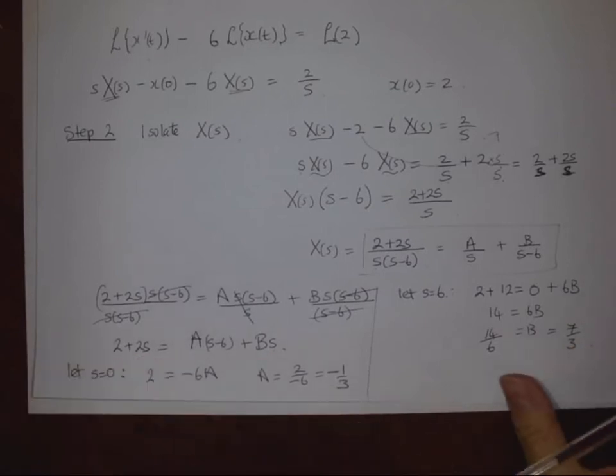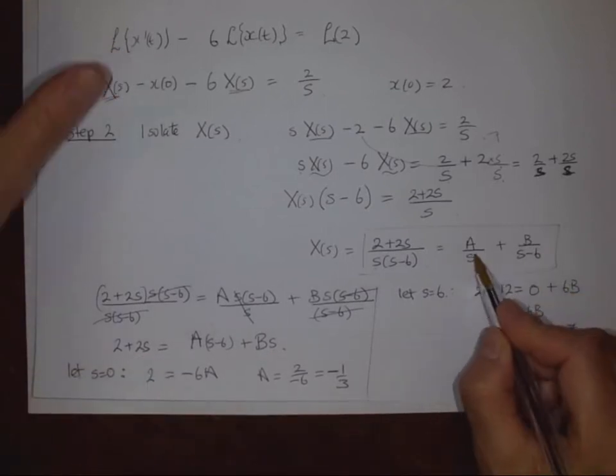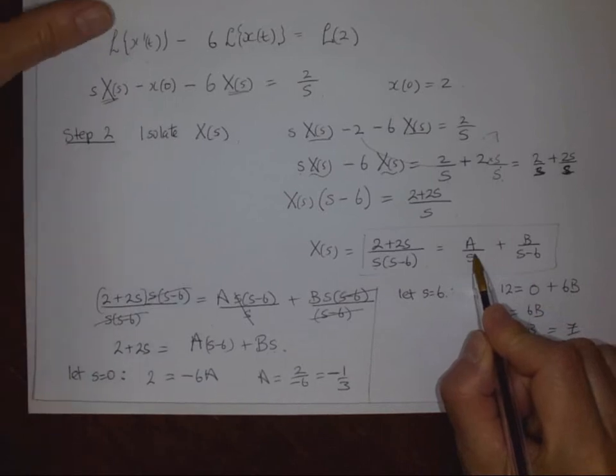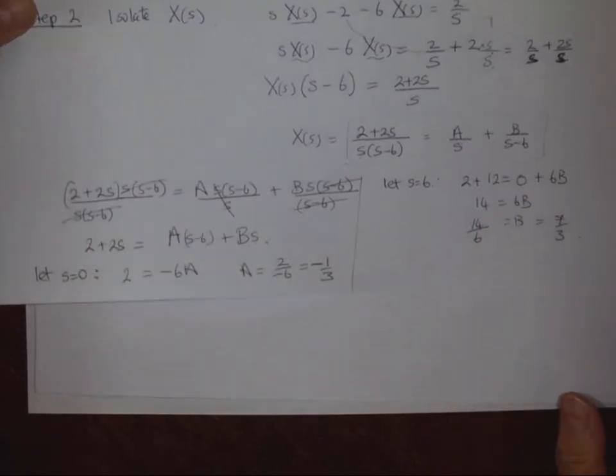So now we go back to the original partial fractions equation and put in a and b.